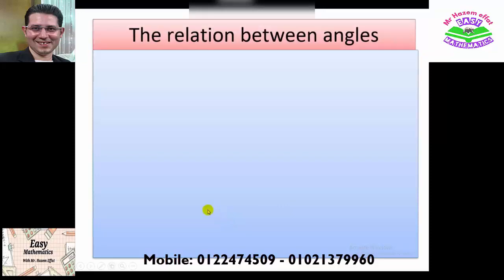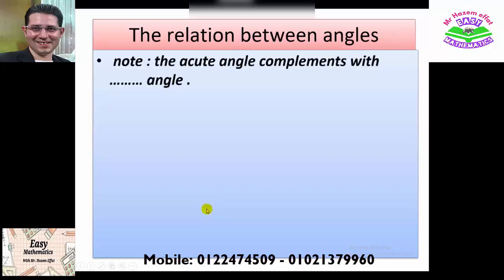Now the relation between angles. Note: the acute angle complements with what angle? Here we must write the type, not the measure. So, think: the acute angle complements with what angle? If I give you an acute angle, it means less than 90 and more than 0. It may be equal to 40 degrees, for example.